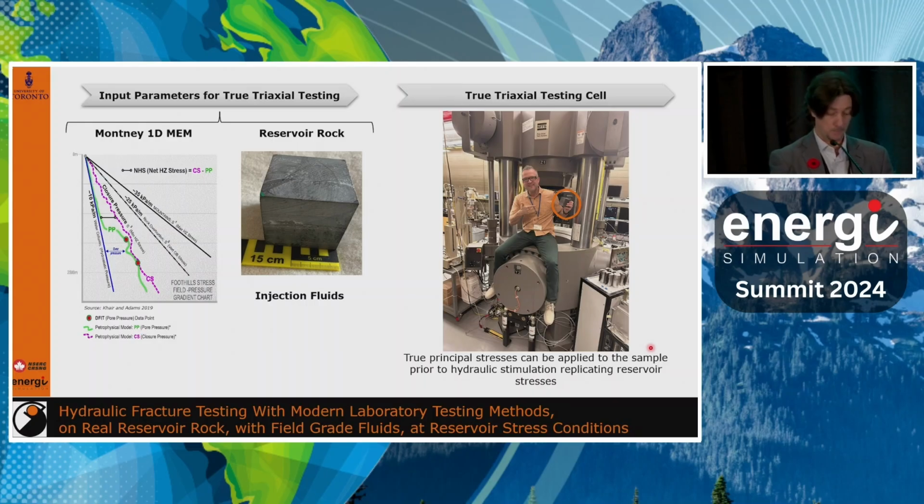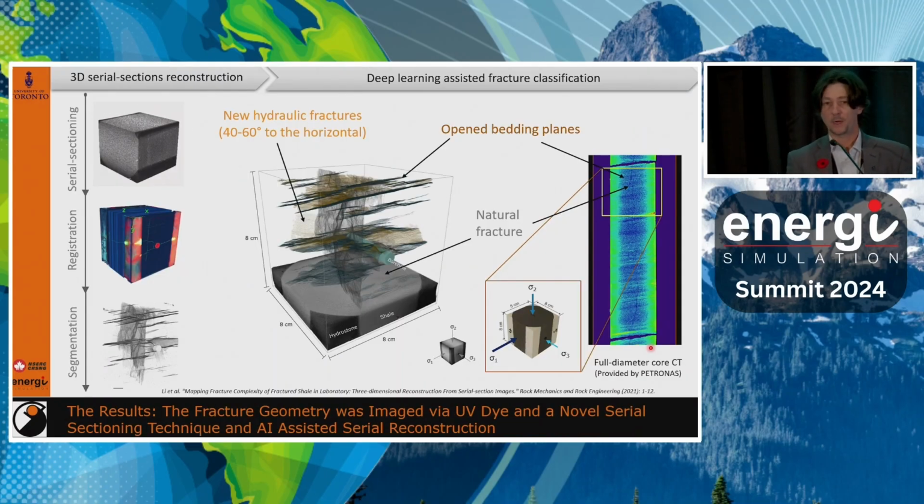We were expecting a bi-wing crack, as all the models and textbooks would tell us, but in reality it was much more complex.